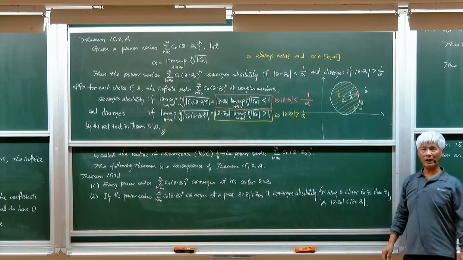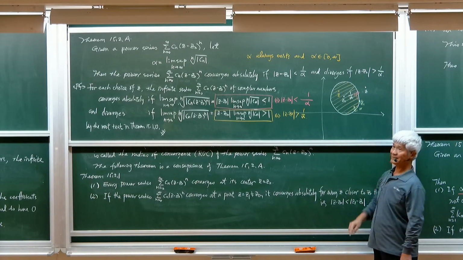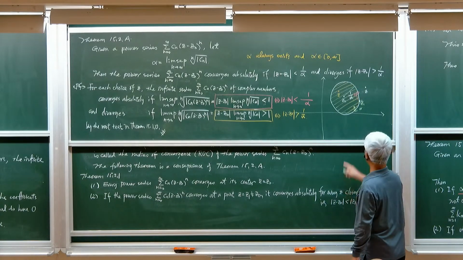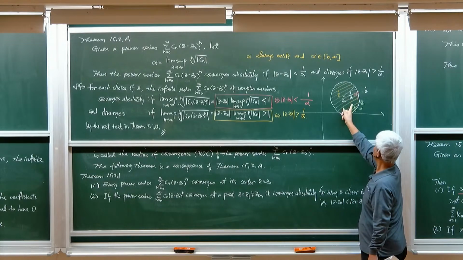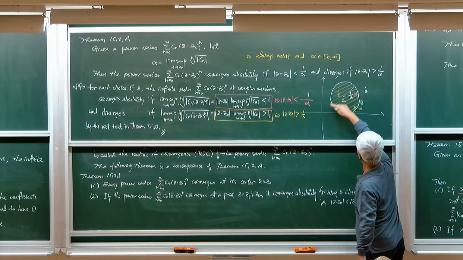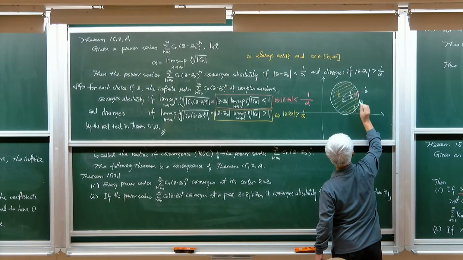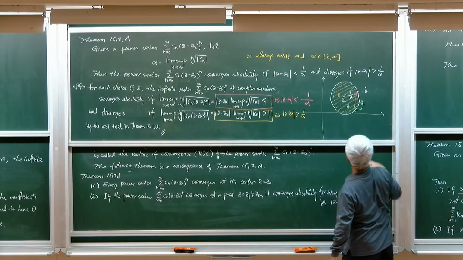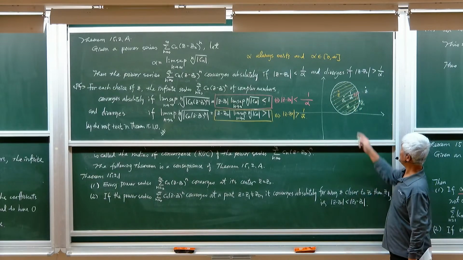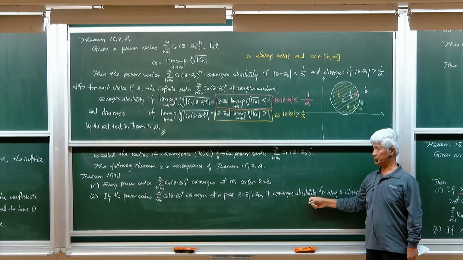There are only two possibilities: on the circle or inside the circle. And so any z closer than z1, all the z inside here, are also in the convergence region already. So this of course is true.